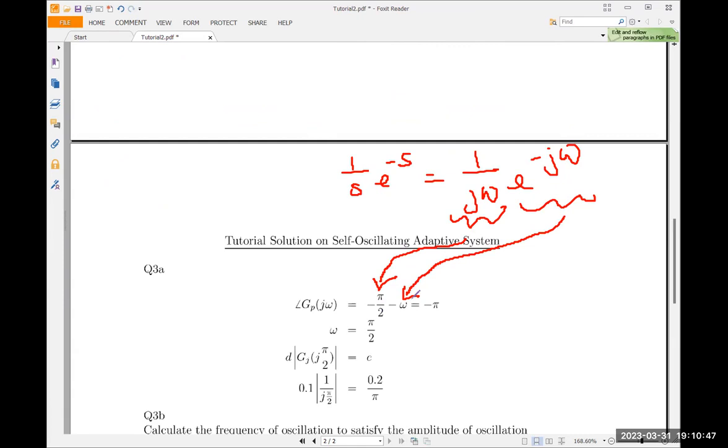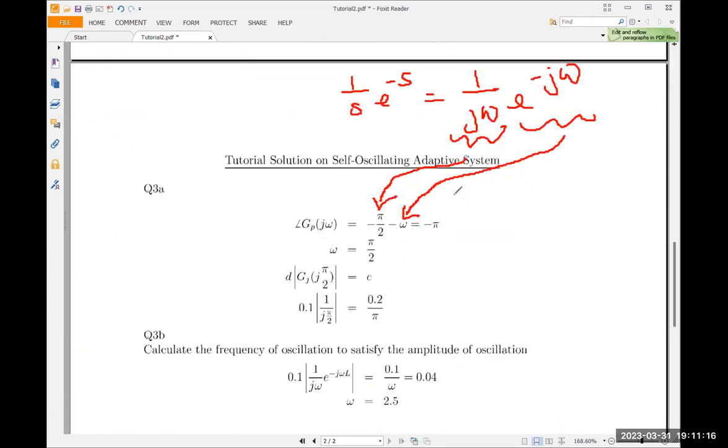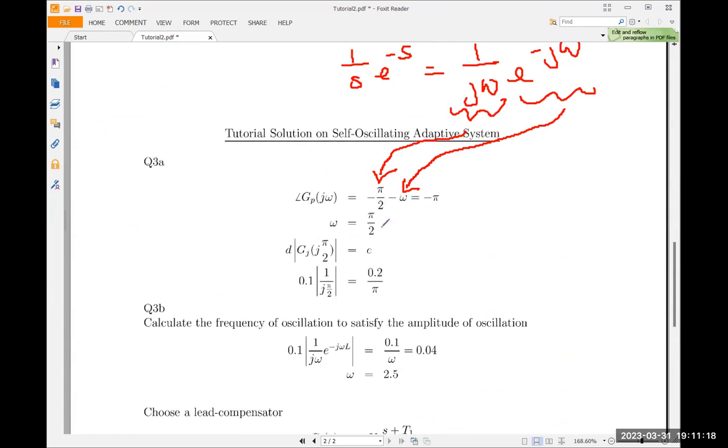Here is minus j omega, so it's minus omega. If it's minus j7, then it's minus 7. Whatever the number. So this must be equal to minus pi. Like I explained why I equate it to minus pi, because the phase of this must be equal to minus pi. The phase of this is 0, phase of this is 0. So all add up together, you just have the phase of this. So equate to minus pi, you solve for this, you will get the frequency of the oscillation. So that is the first answer.